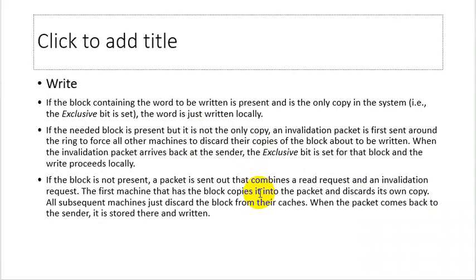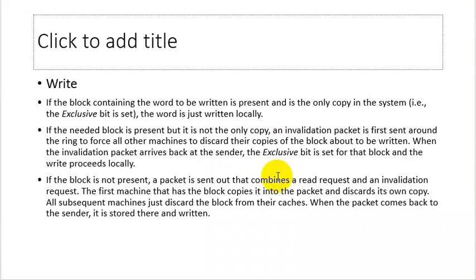So next one is the write protocol. Finally, let's see how write operations are handled. If the processor already has the only copy of the required block, it simply updates the value locally. If other processors also have copies, an invalidation message is first sent around the ring. This forces all the processors to remove their outdated copies.